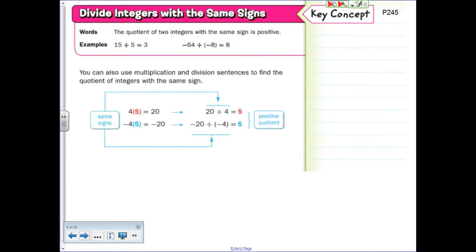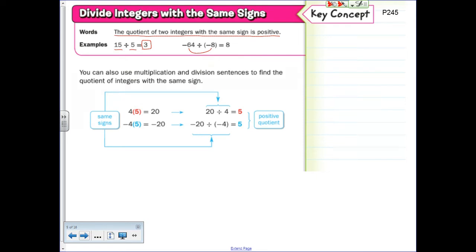All right, let's take a look at page 245 now. The quotient of two integers with the same sign is positive. That sounds like multiplication as well. When you have two numbers being divided that are both positive, the result is a positive answer. The same is true for two negatives. And again, like with multiplication, this is where students get in trouble.